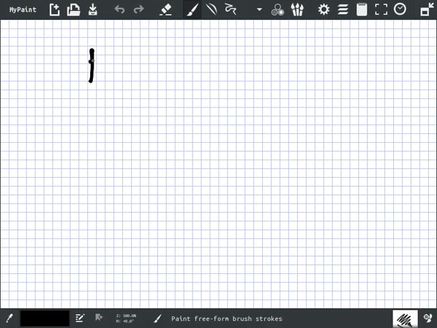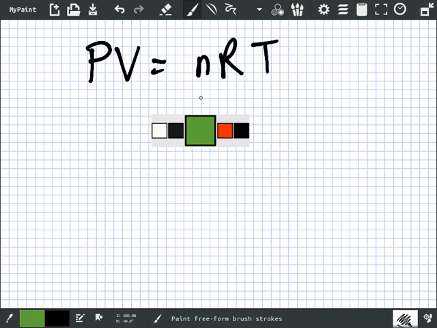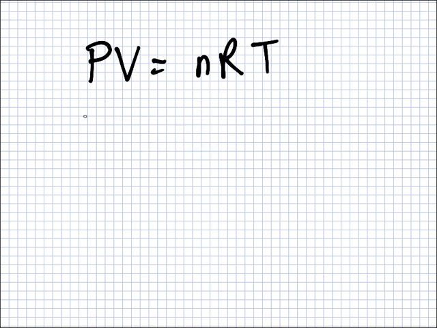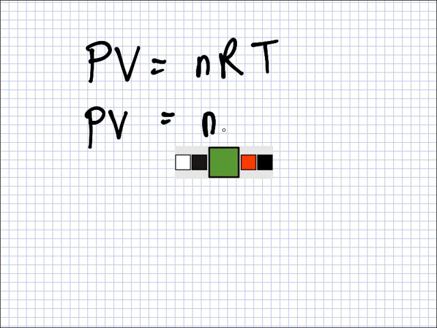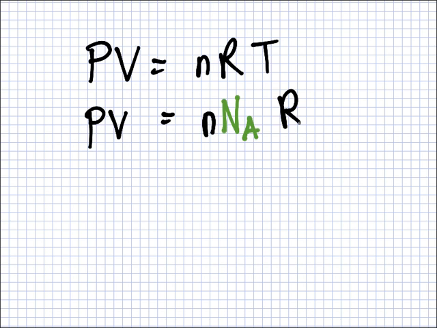Now, let's have a look at the formula here. So if I said PV equals nRT, and then let's say I change this into n times NA over NA times T. So what have I done?